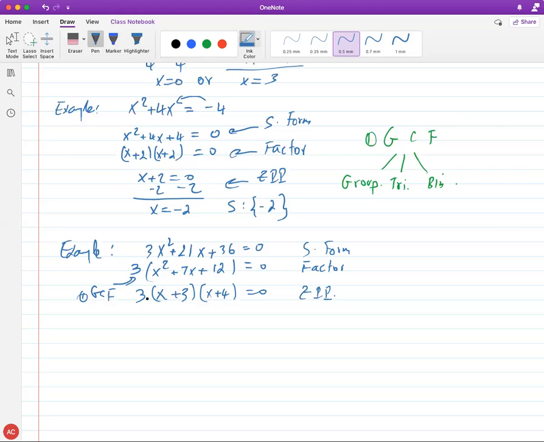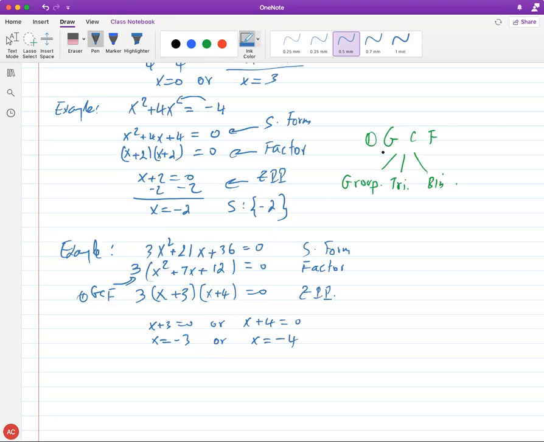So if two multiplied are 0, that means either this one is 0 or that one is 0. So we can turn this into 2 equations, just like we did in the previous examples, and we solve each one. So x is -3, or x is -4.